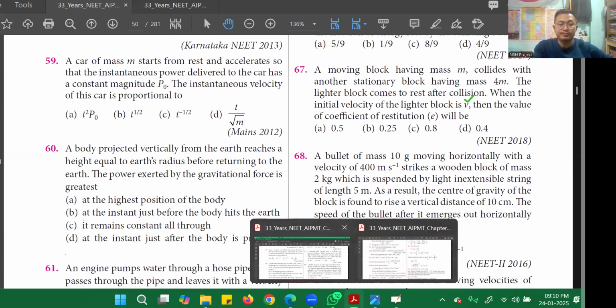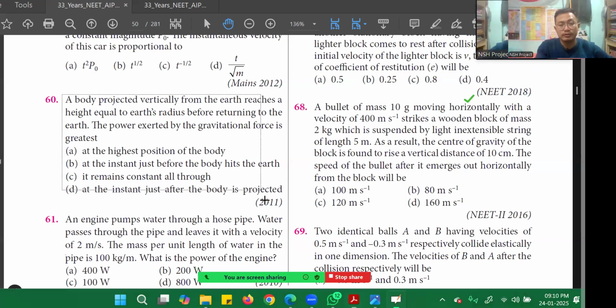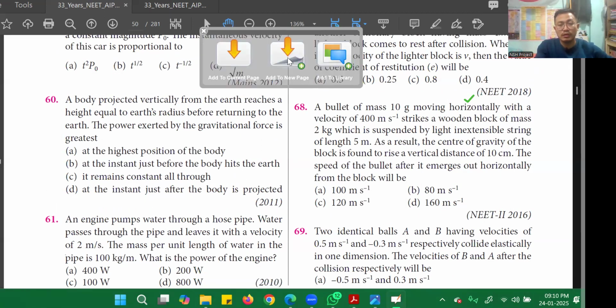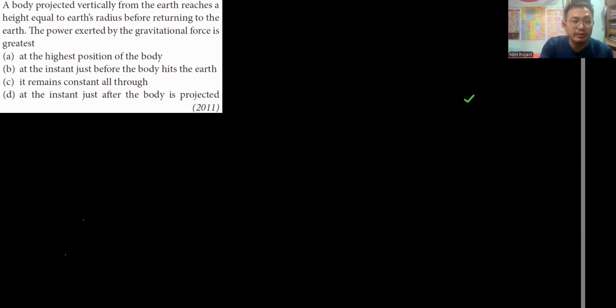Let me think about it. At the earth's surface, the body is projected and reaches a height equal to r.